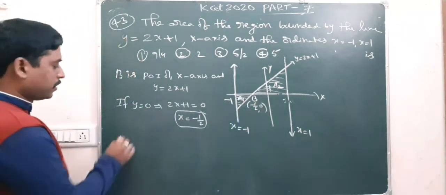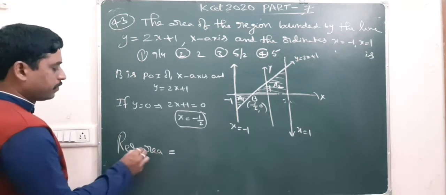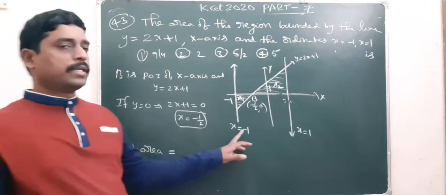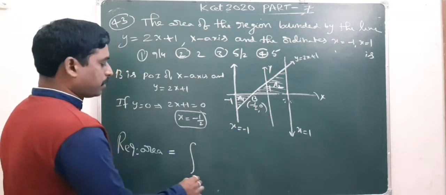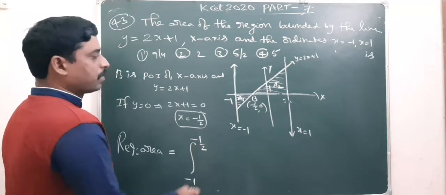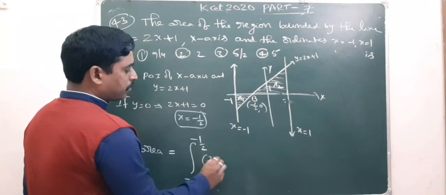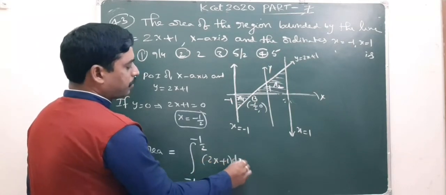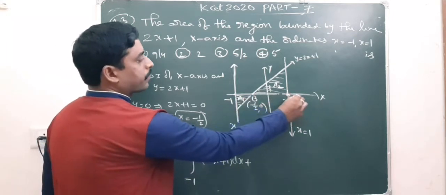So required area equal to, so integral minus 1 to minus 1 by 2. So we should take x limits minus 1 to minus 1 by 2. Formula y dx. So what is the y? 2x plus 1 dx plus this continuation minus 1 by 2 to plus 1.